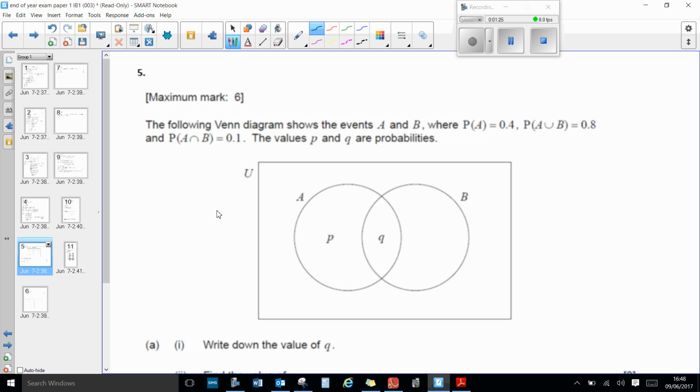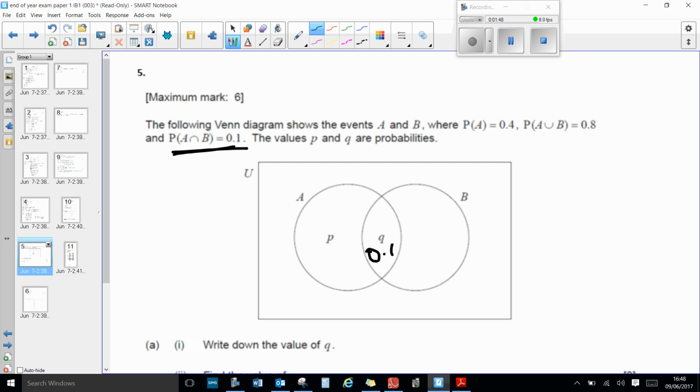Next question. So the Venn diagram shows events A and B where P(A) is 0.4, P(A union B) is 0.8, and P(A intersection B) is 0.1. If I use this as an aid, I can say the intersection is 0.1, so that goes in the middle.